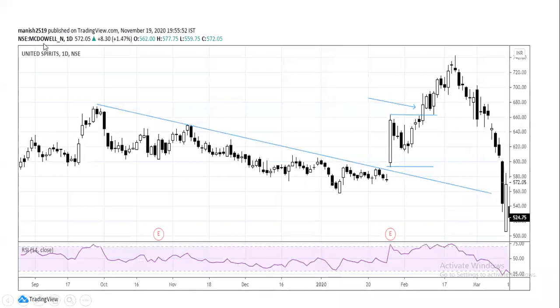Now here is another example, McDowell. This was a beautiful downtrend in McDowell, and then big breakout. Even after this big breakout, you can see there is no follow-through from price. Price is just moving inside breakout candle. Just imagine what will happen to those traders who have bought call option.